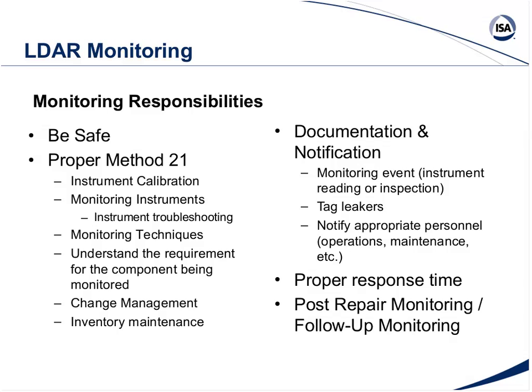Because what we do find when we go out in inspections is that there'll be a leaker tag that's missing, the leaker tag didn't stay on the required time period, or the leaker tag has stayed on way too long. So there are some things that you want to look at on those paper documentations for your leakers. The response time of the instrument, this is another area where things are a little difficult, and you're seeing more and more inference on them, is making sure your instrument has the appropriate response time. And then are you doing all your follow-up monitoring and repair?